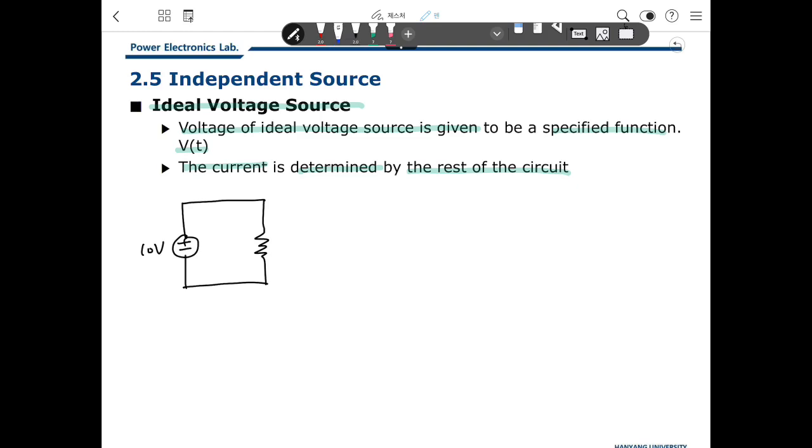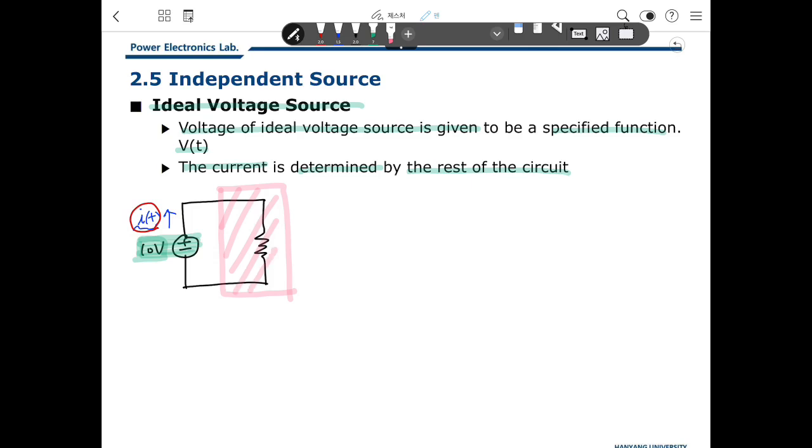Then we define the current in this way, IT, but I don't know what the value of IT is. This voltage source defines only the voltage value, 10 volts. Then who determines the current flowing through the voltage source? There is another circuit.